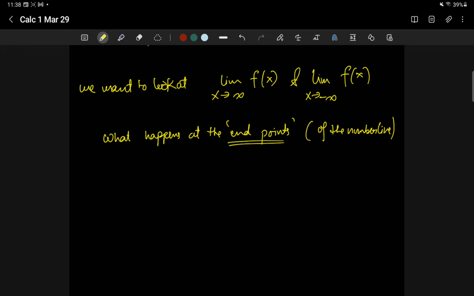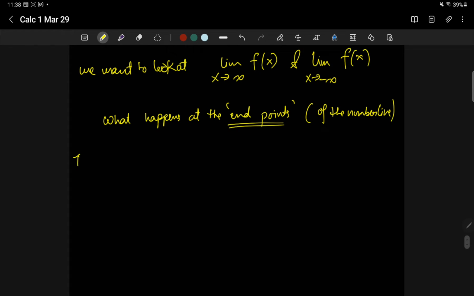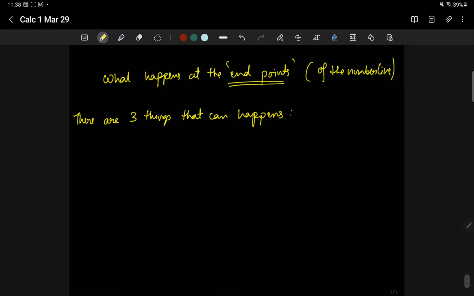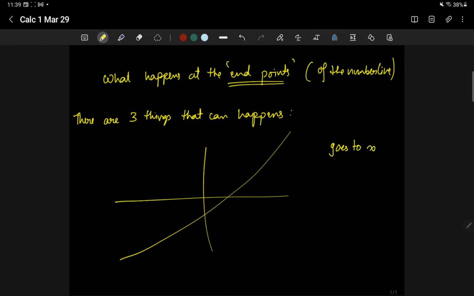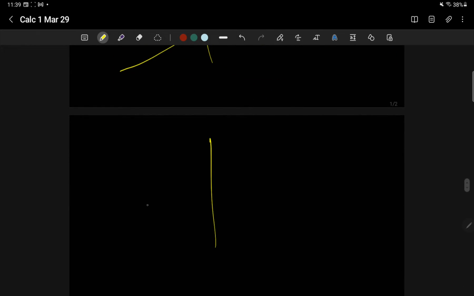Now there are, once again, three possibilities. Three things that can happen. Basically, if I give you a graph and I ask you to draw something, you only have certain choices for what happens at the endpoints. For example, you could have a graph that keeps going up, so this goes to infinity. You could draw a graph which sort of plateaus.